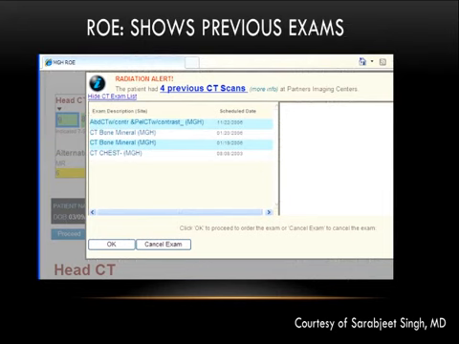You can look at the report of those scans, and maybe after reading those CT scan reports, you can decide this scan is not warranted. Maybe a head CT was done last week, and we don't need to repeat it. So far, it only goes within the system, so it has no way of knowing if the patient got a scan somewhere else in the world. But within the system, at least, it is making that check.